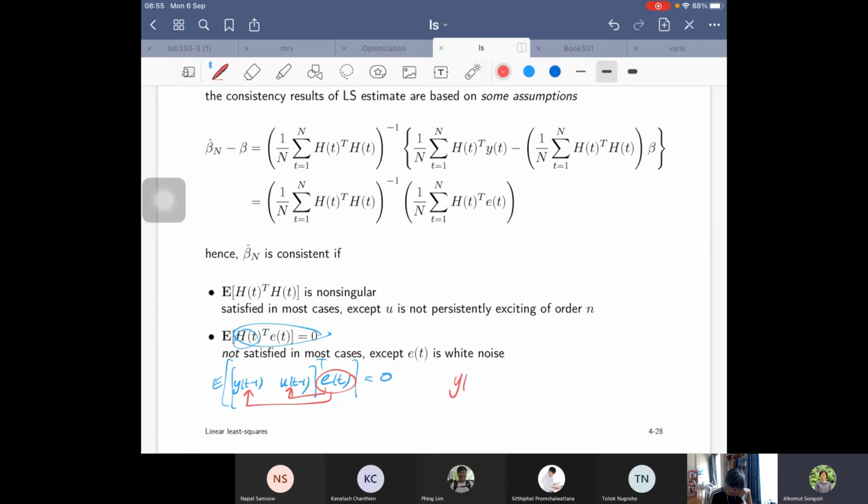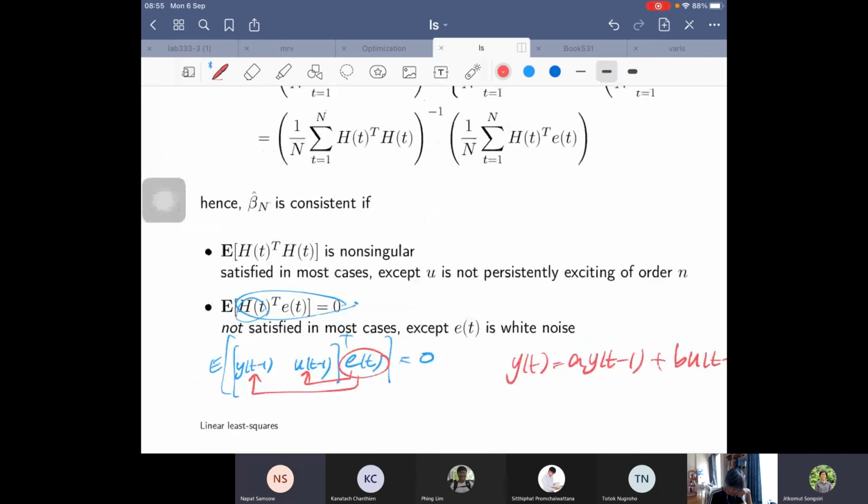Again, if I put an example on the autoregressive ARX model, think about when you find the correlation. Think about the pair y_{t-1} and e_t.